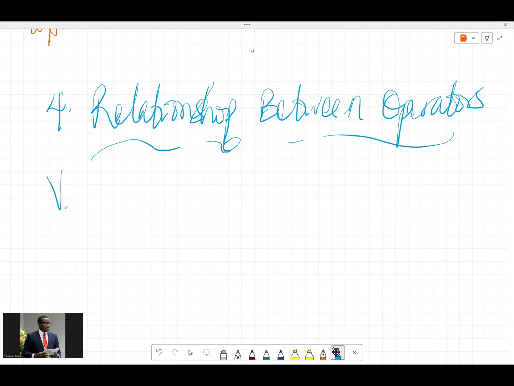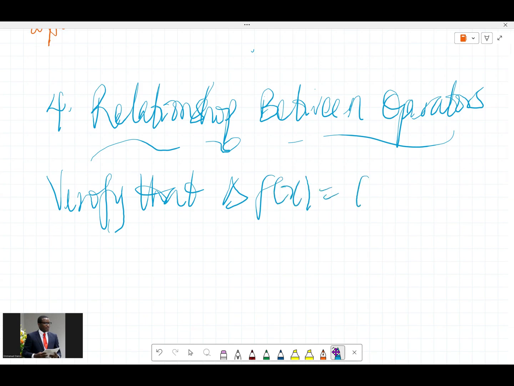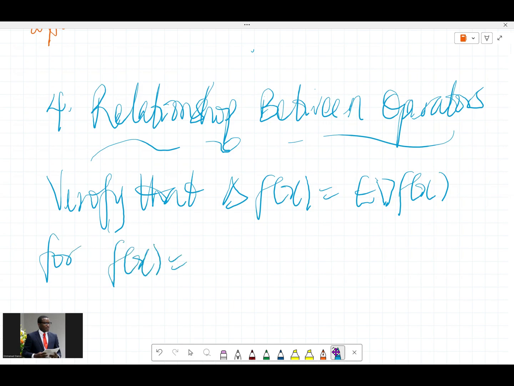Imagine that you need to verify that the forward difference of f of x is equal to the shift operator multiplied by the backward difference of f of x, for f of x equals x squared at x equals 2 with h equals 1.